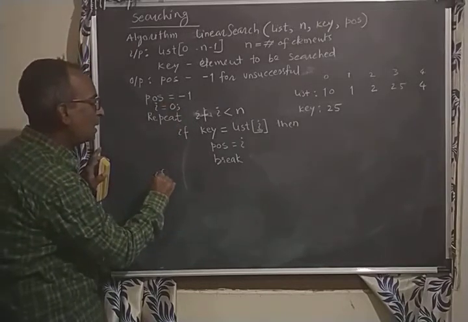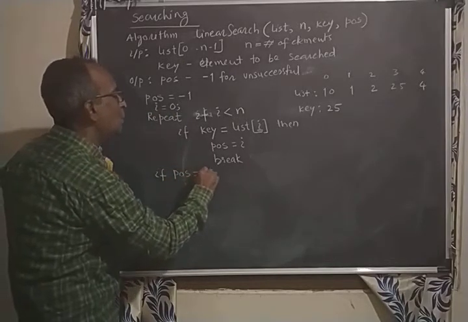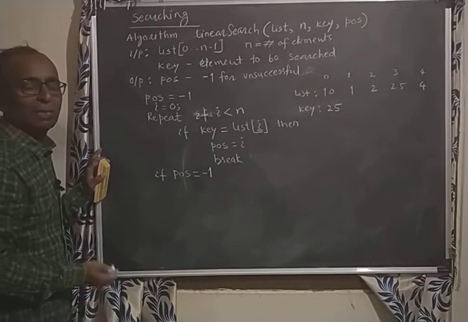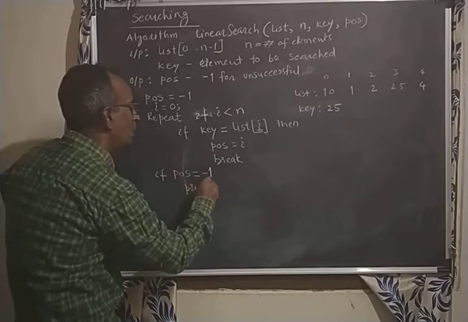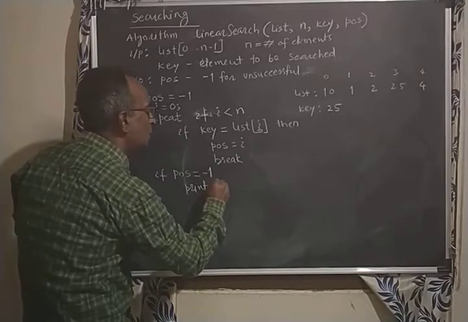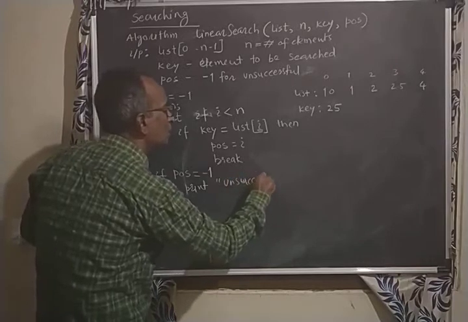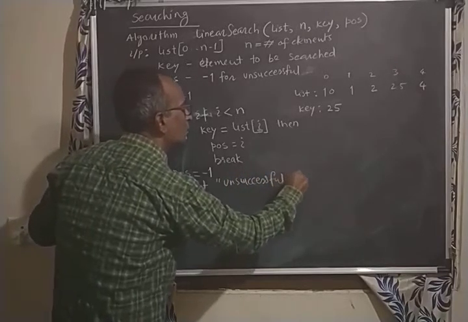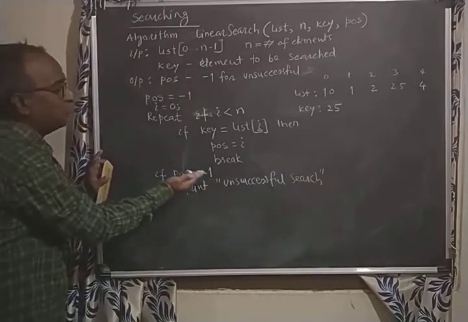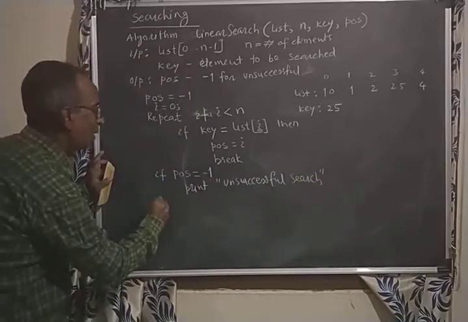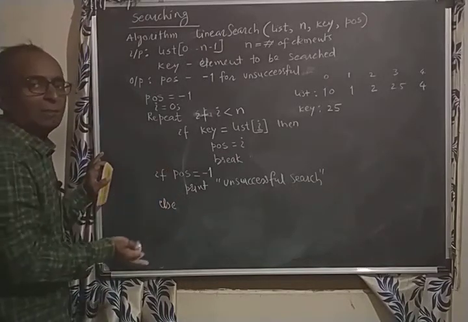So what can you say, if after this loop the position is equal to -1? That is an unsuccessful search. Print unsuccessful search. And if the position is not -1, what does that position give you?